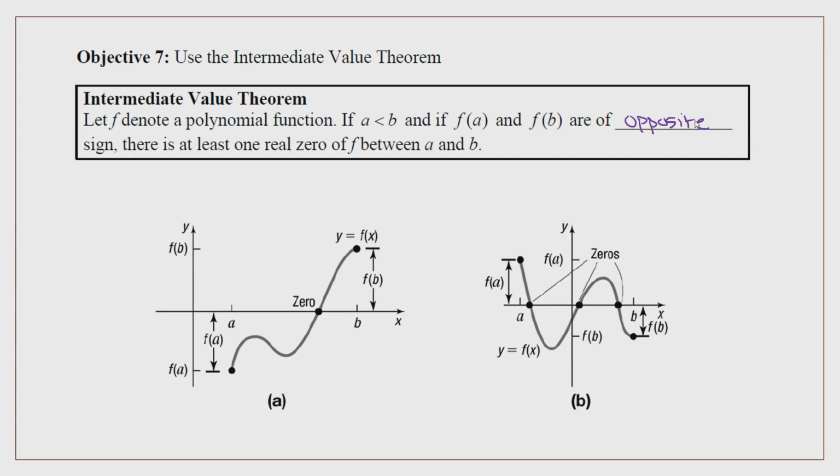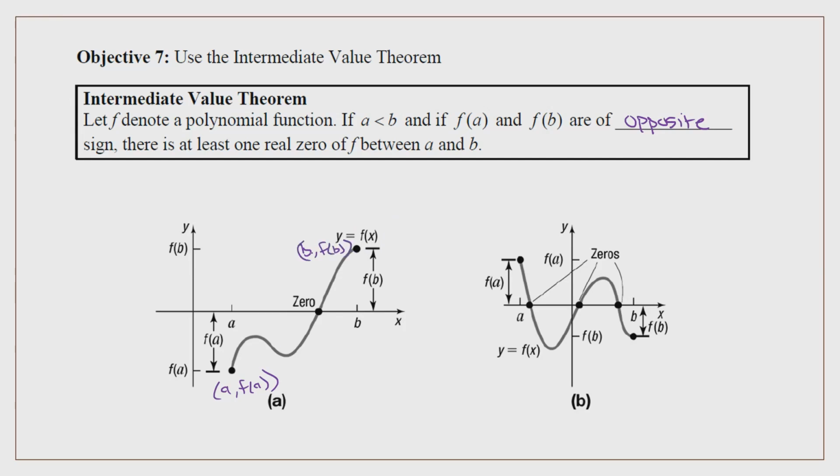Okay? So in our first visual here, we have a function. And we know f of a is going to be this point here. So this is a and f of a. And then this point up here is going to be b and f of b.